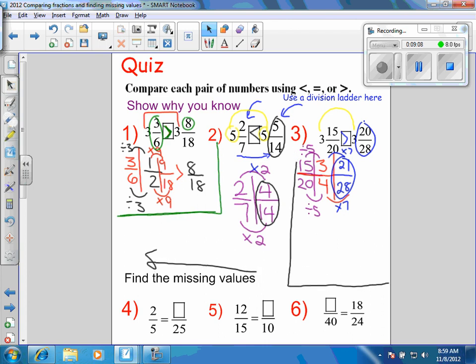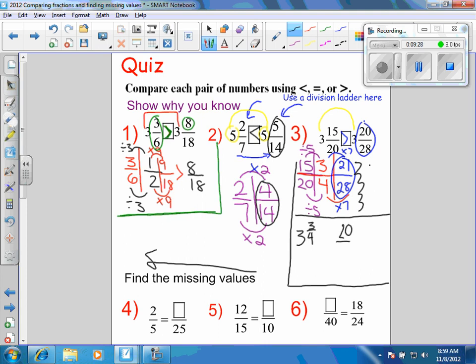So let's do this using the common denominator method where we simplify. So we know 3 and 15/20 we now know is 3 and 3/4. So this is another method. If I simplify 20 out of 28, I'm going to do that right here. What goes into 20 and 28? 4 does.